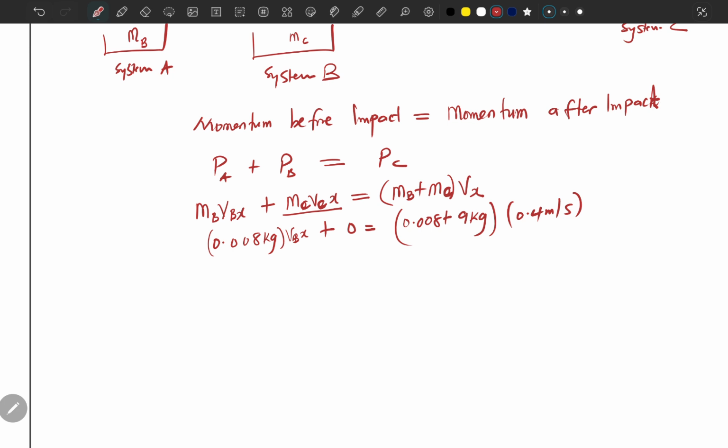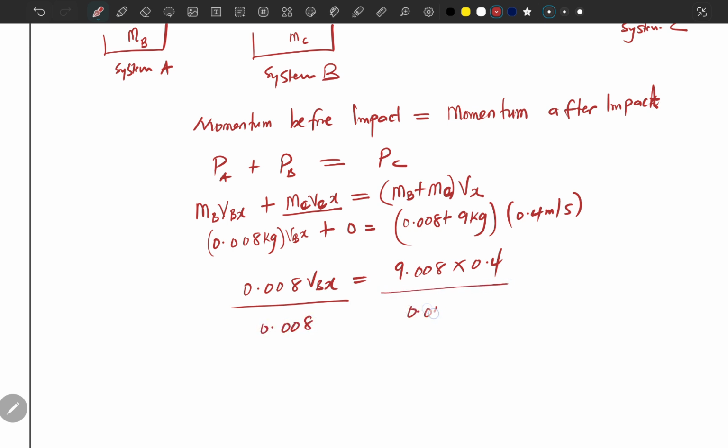So here, we are getting 0.008 VBx equal to, when you add, 9.008 times 0.4. So already you can see we have to divide by 0.008.